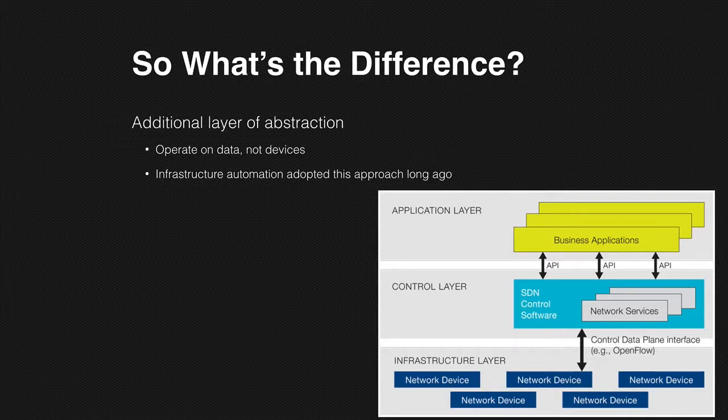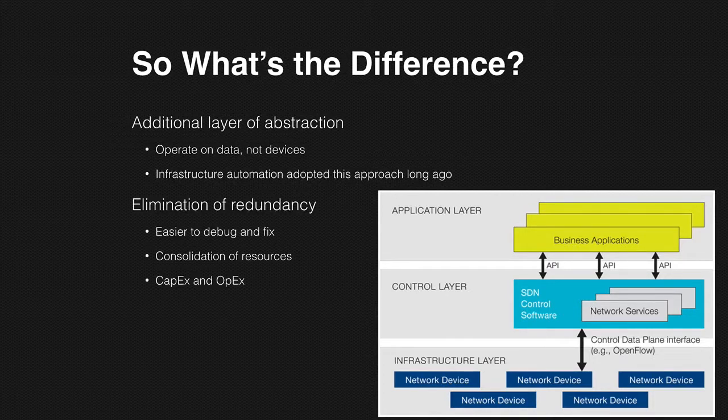And the SDN controller, this abstraction layer, becomes a thing that will transform your application needs and policies into lower level rules to be installed among the devices in the net. With this together comes an elimination of redundancy.